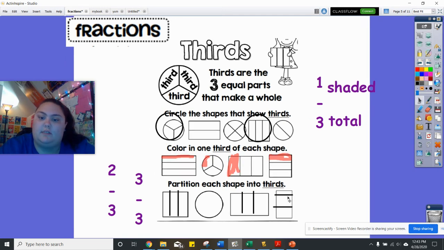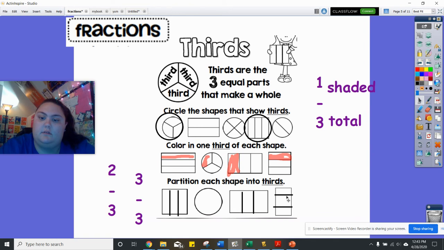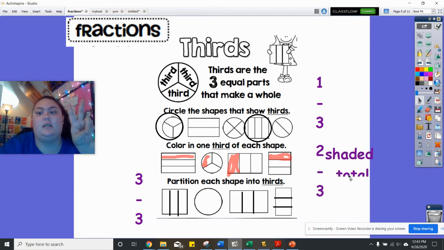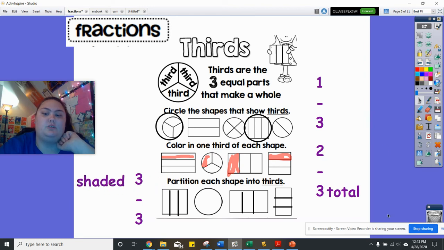So this is 2/3, so that means 2 are shaded and there's 3 total, and 3/3 means 3 are shaded out of a total of 3.